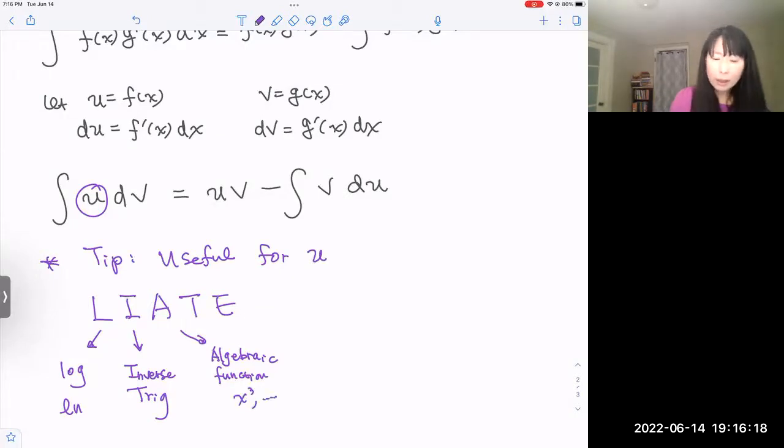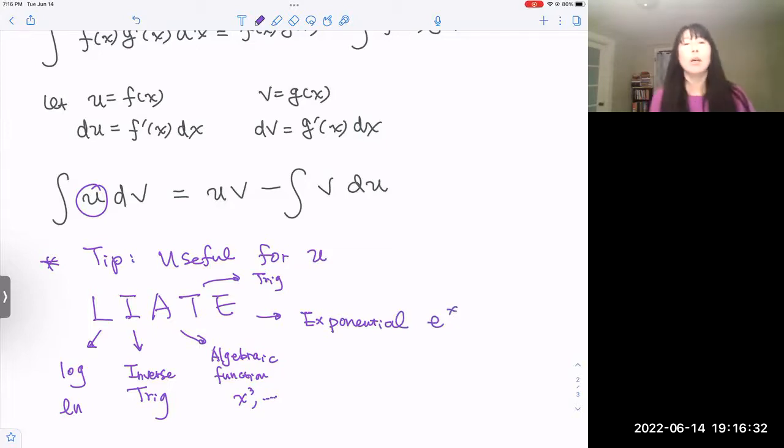And T stands for trig, trigonometric function. And E stands for exponential, like e to the x power. So we're going to use u as those functions in order. That is much easier.